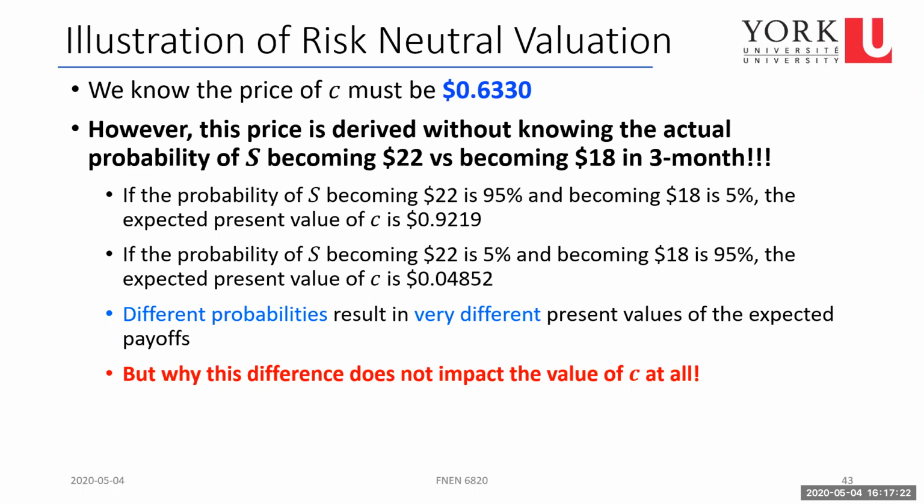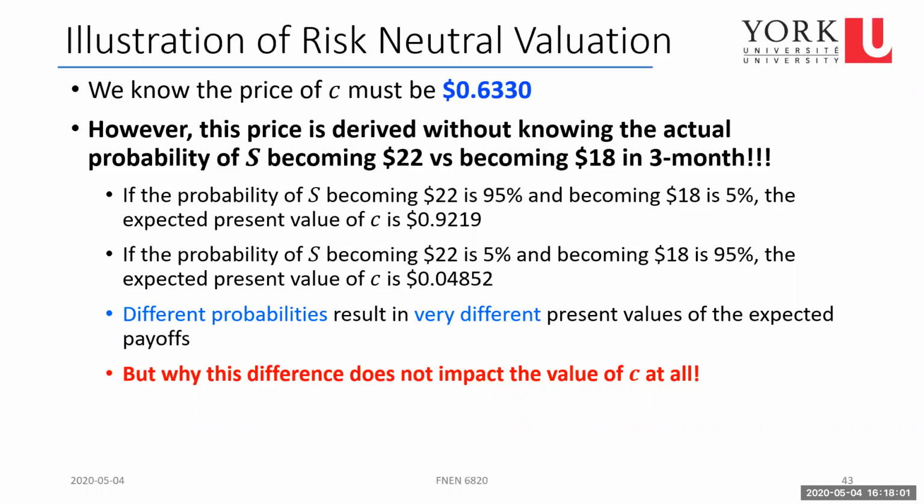And on the other hand, if the probability of S becoming 22 is only 5%, and there's a very large probability for the stock to drop, then it's only 5% times $1, and you discount it back. The expected value of C is then only a little less than 5 cents.